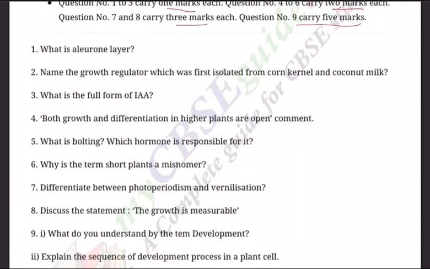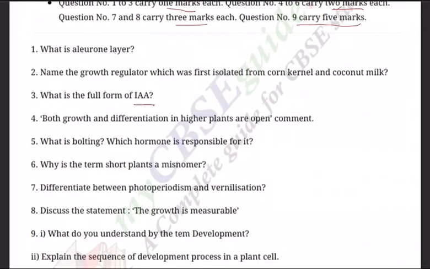Question 1: What is aleurone layer? Question 2: Name the growth regulator which was first isolated from the corn kernel and coconut milk. Question 3: What is the full form of IAA? Next, question 4: Both growth and differentiation in higher plants are open.